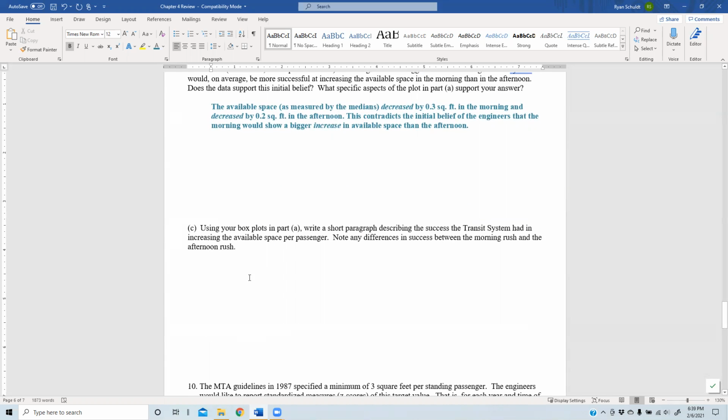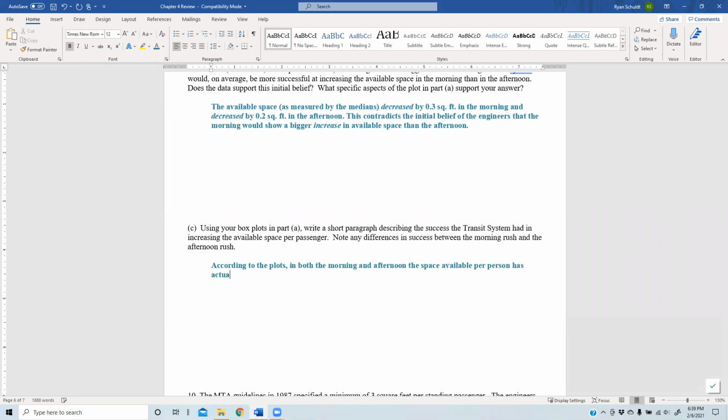Let's talk about it. So according to the plots in both the morning and afternoon, the space available per person has actually decreased overall.